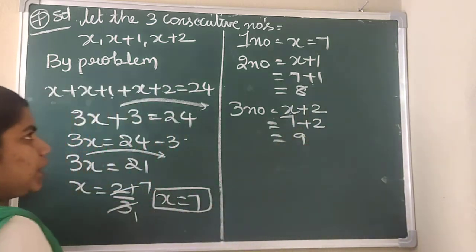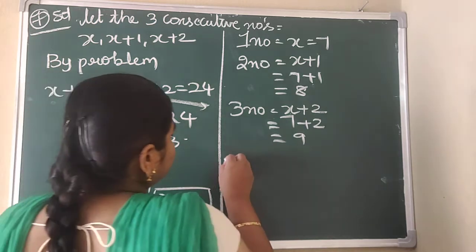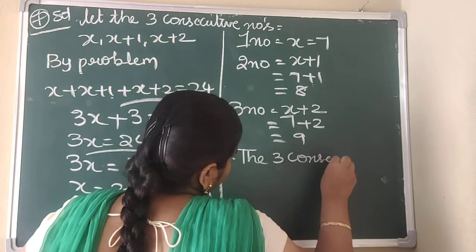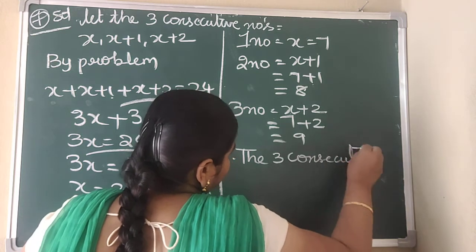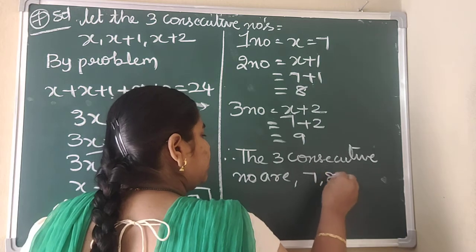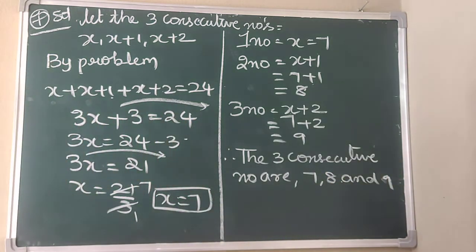So what are the three consecutive numbers? 7, 8, 9. So if you add 7 plus 8 plus 9, that will be equals to 24. So therefore the three consecutive numbers are 7, 8 and 9. So these are the three consecutive numbers.